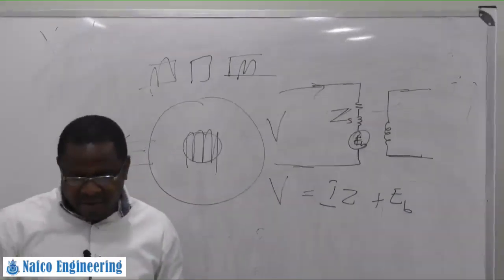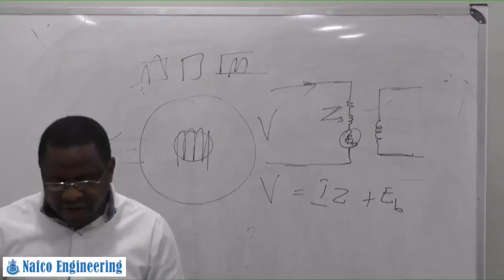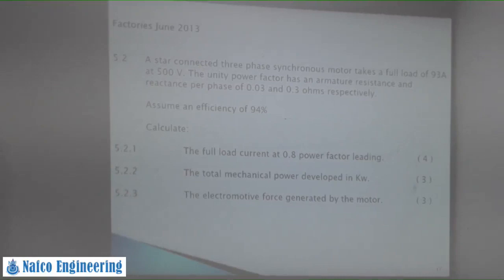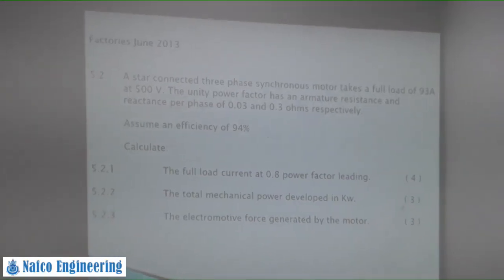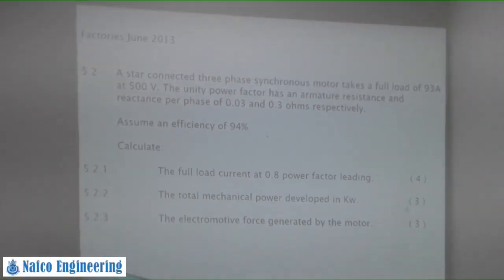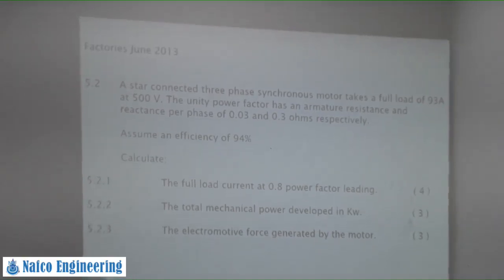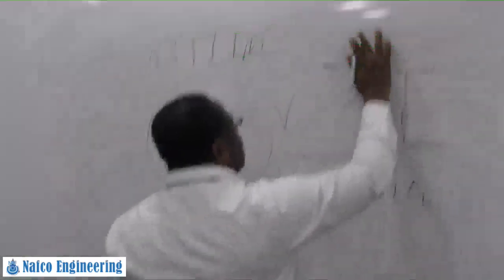Now look at the question. It says a star-connected three-phase synchronous motor takes 93 amps at 500 volts. Remember, it's star-connected.